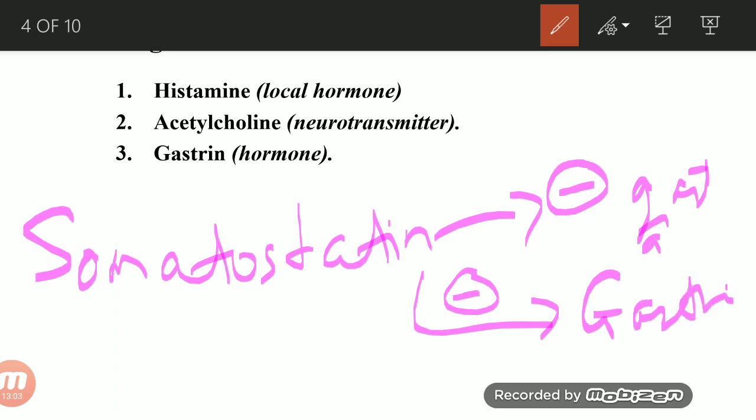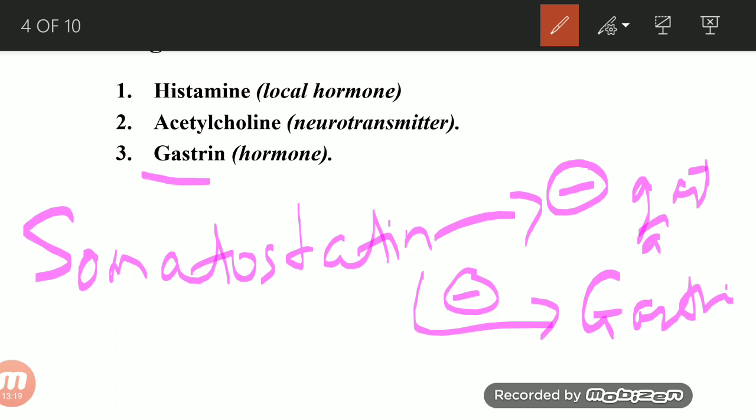Okay, your main function of somatostatin is to inhibit your secretion of gastric acid, as well as it inhibits your secretion of your hormone itself, your gastrin.